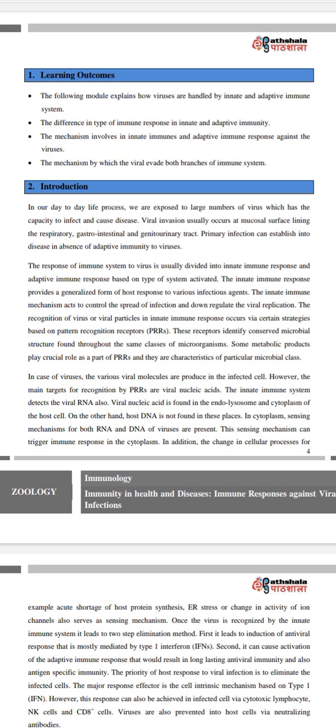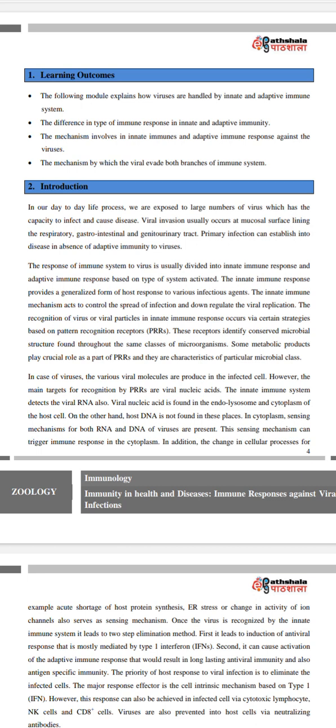The response of the immune system to virus is usually divided into innate immune response and adaptive immune response, based on the type of system activated. The innate immune response provides a generalized form of host response to various infectious agents. The innate immune mechanism acts to control the spread of infection and downregulate viral replication.